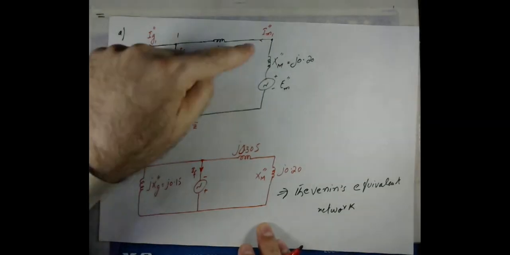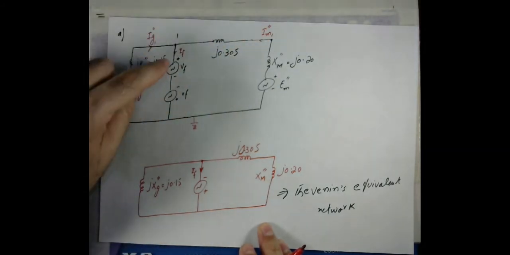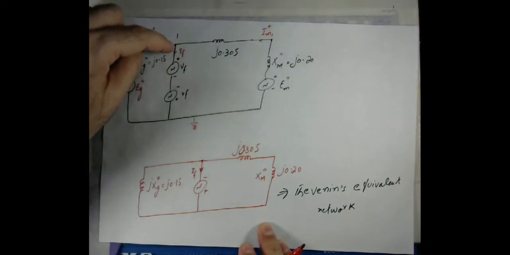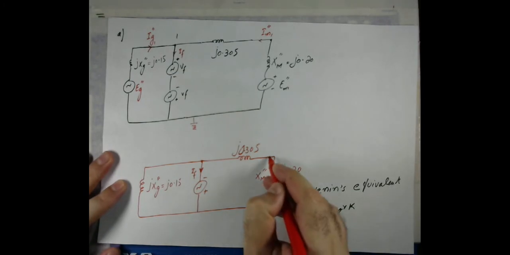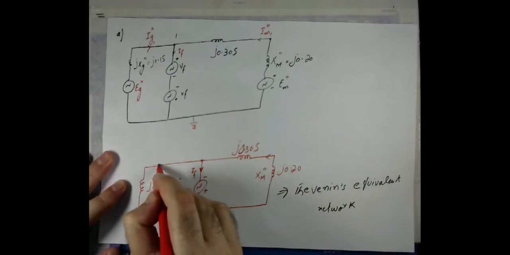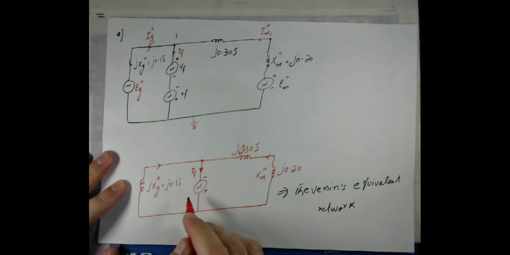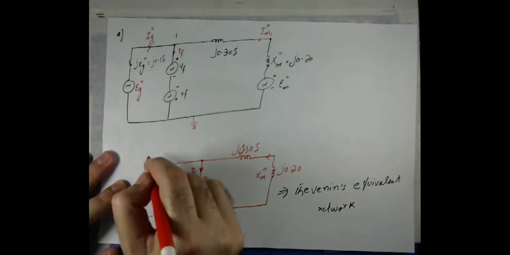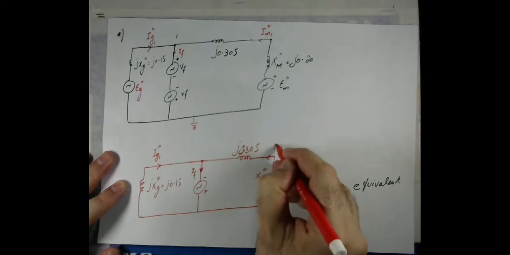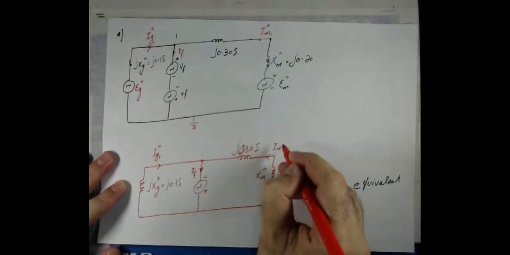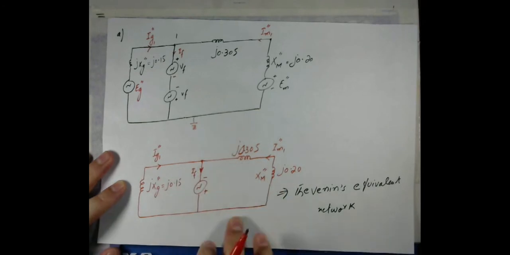So the current will obviously move from both those points towards the faulty point. The current flows in this direction, and from here in that direction. So that is the Thevenin equivalent network.